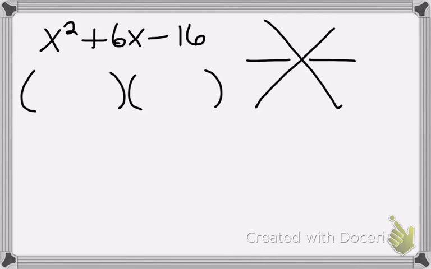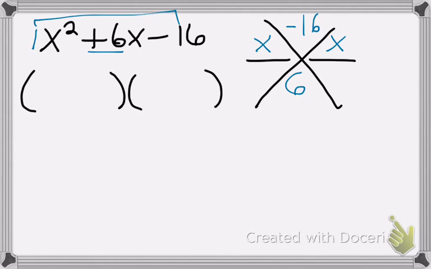That's how I should set every problem up like this. On top, A times C, which is negative 16. On the bottom, 6. X on top, since it's only 1x, so we just put x and x. Two numbers that multiply to negative 16 but add to 6.